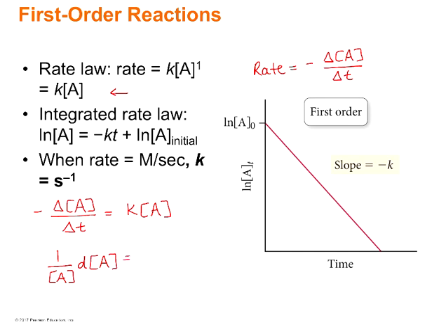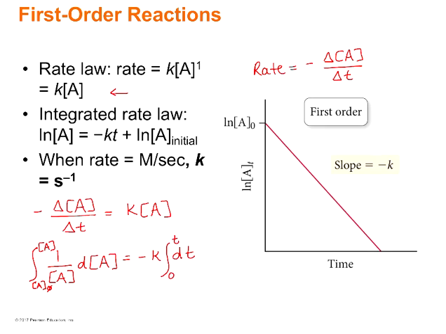And then we'll set that equal to negative k dt. And then we're going to integrate both sides. So we'll integrate again from the initial concentration of A to a final concentration. And then on the right-hand side, we'll integrate from time 0 to time t.